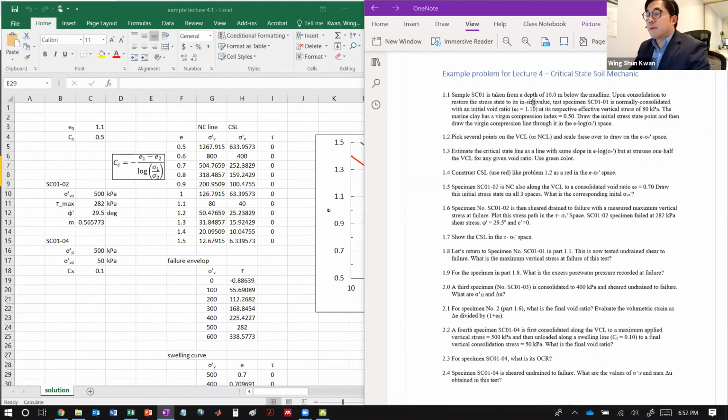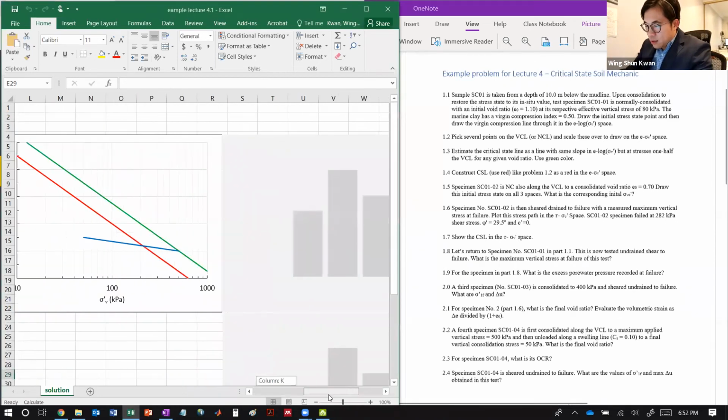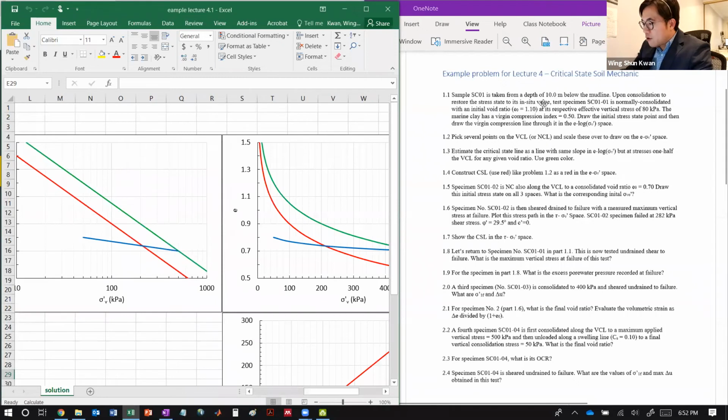So this is one of the points, the y-axis, right? Critical state soil mechanics at the end of the day is based on the information we have. When I say information I have, that means the laboratory test results we obtained from the field and then the lab. After we have the lab results, then we should be able to construct all these three lines.